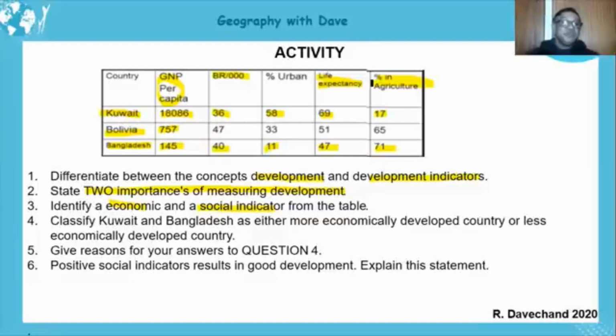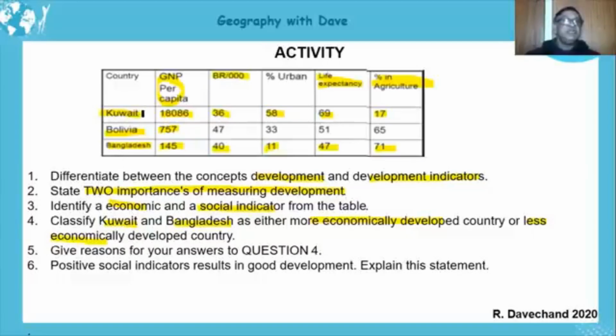Any 2. Classify Kuwait and Bangladesh as either more economically developed or less economically developed. There again, Kuwait, more economically developed. Bangladesh, less economically developed. Give reasons, you can use anything, social or economic.